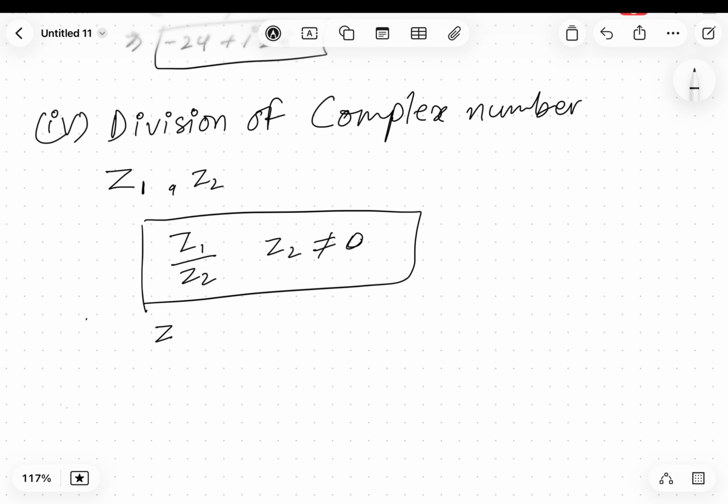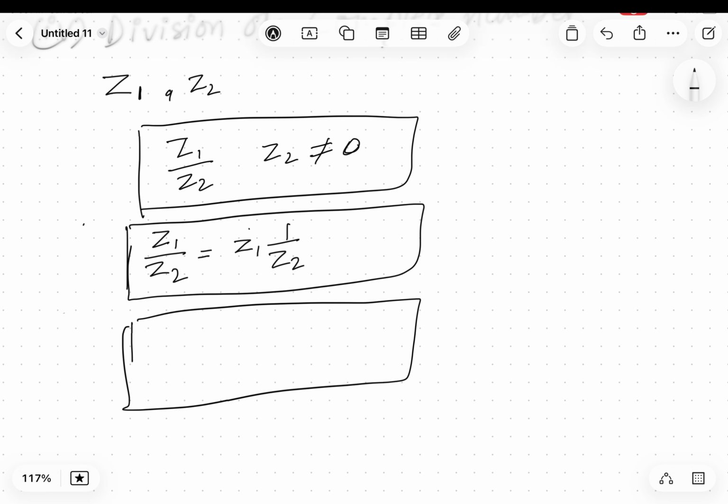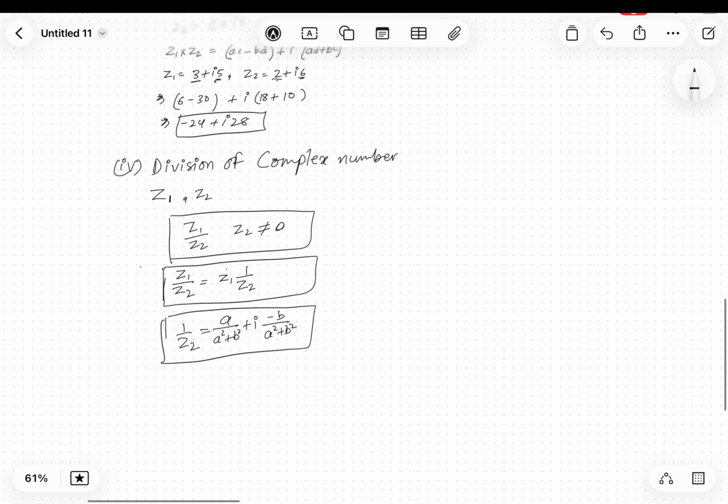Second, z1 by z2 can also be written as z1 into 1 by z2, right? This is the second thing we have to keep in mind. Now the third thing, 1 by z2 is equal to a by a square plus b square plus i minus b by a square plus b square. Okay, so these three things will help us to solve the problem statement.